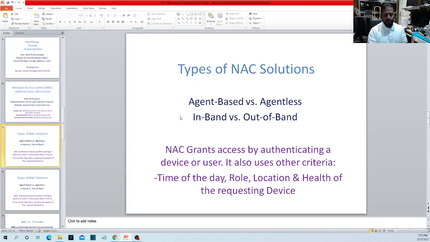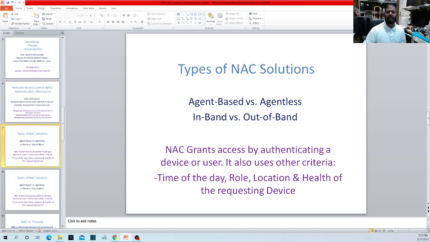You use that little software to request access to the network. That's called agent based. As opposed to agentless, meaning in your laptop or device you don't have additional software for that purpose. You just use your regular web browser to connect.